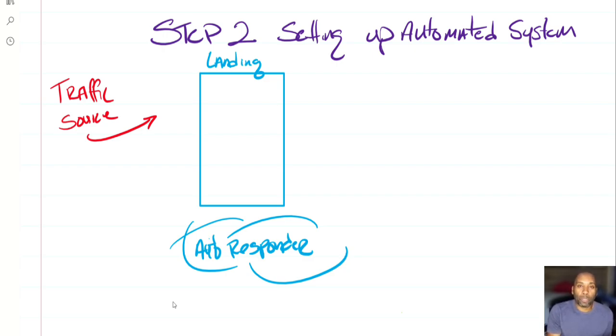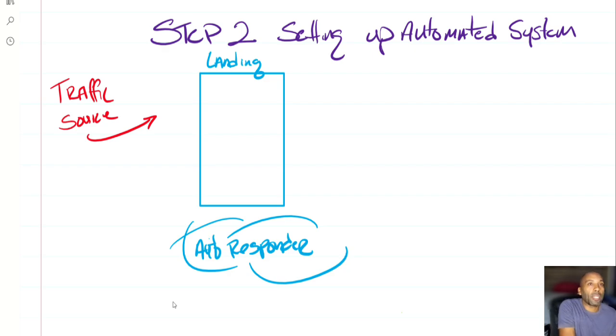The purpose of the autoresponder is to send them follow-up emails, so just in case they do not buy, I have a chance to send them a follow-up email at a later date and bring them back to the next page, which is the sales page. That is the purpose of the landing page.